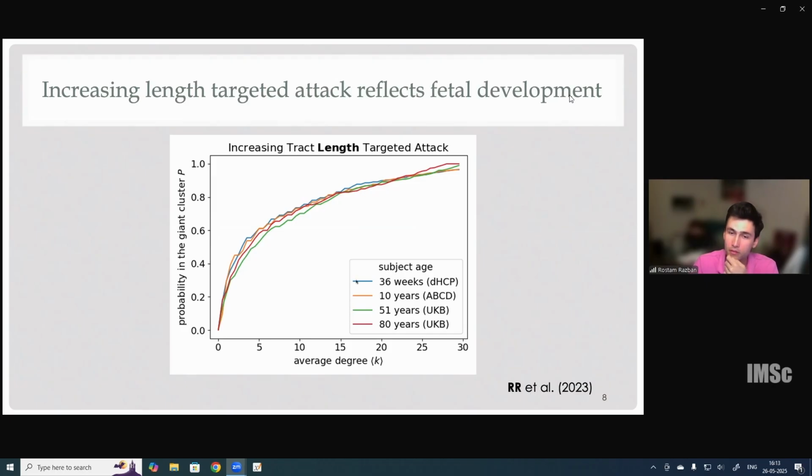So in blue, which you can see in this curve, a newborn at 36 weeks being scanned has the same targeted attack trajectory, when done in this increasing track length approach, as someone who's 80 years old in red. And these parentheses are just showing the data sets. So I'm not even looking at within the same data set, in terms of, like, the scanners are different.